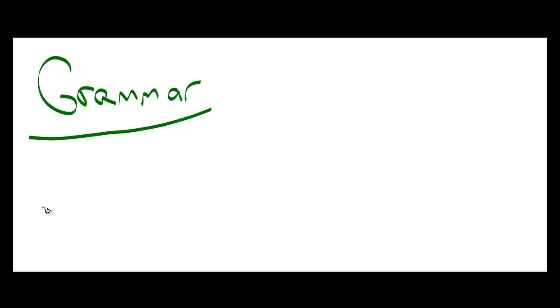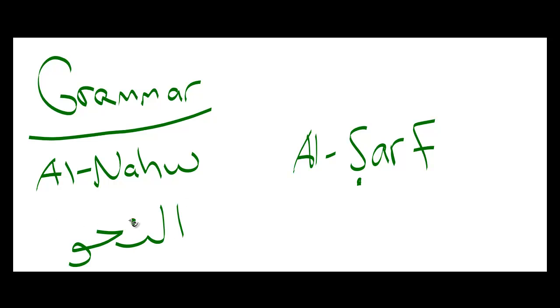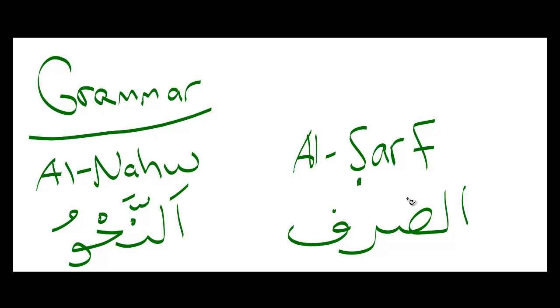In grammar, we have two main sciences. The first science is an-nahu, and the second science is as-sarf. So we have an-nahu, ilmun nahu, as it's called in Arabic, and we have ilmu sarf, or the knowledge of sarf.